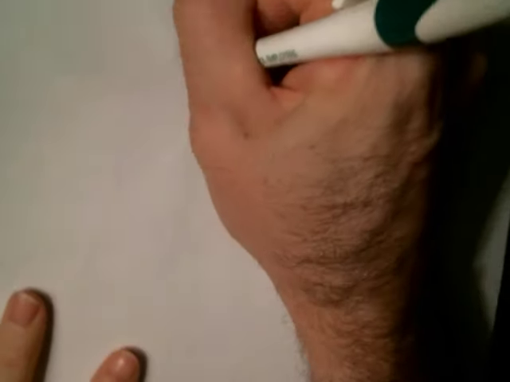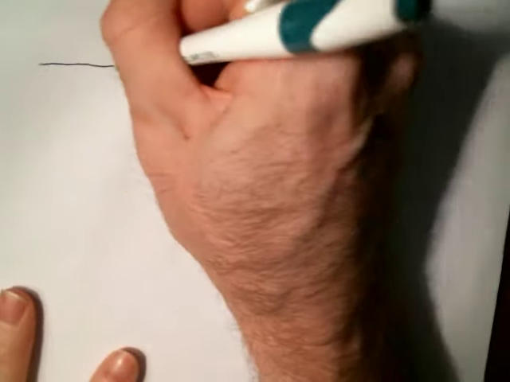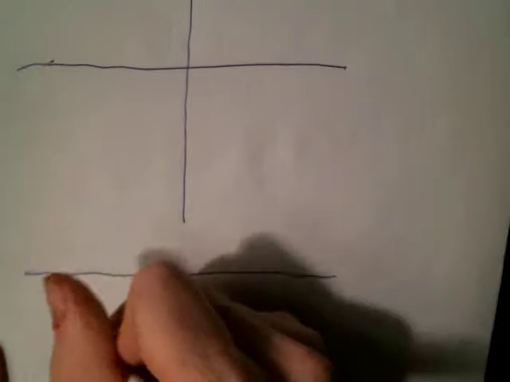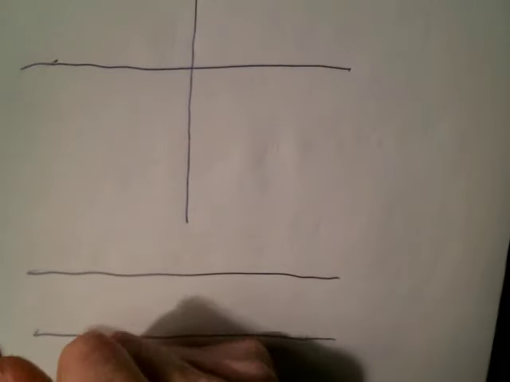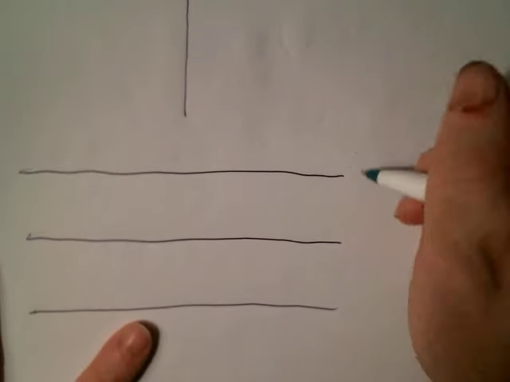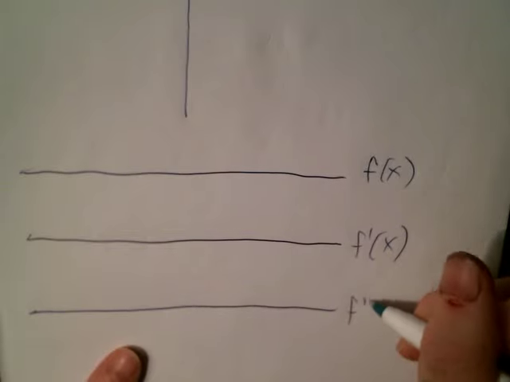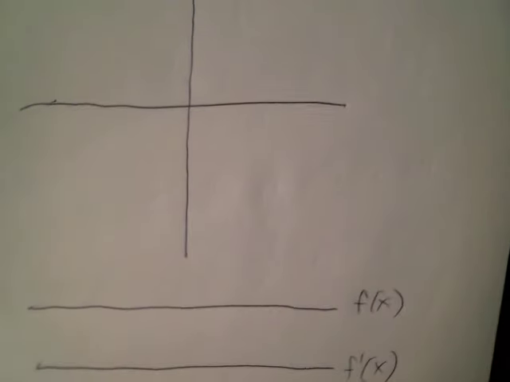So let's take all this information and go at it. All right. Okay, so this time I'm going to use the whole page. And here's my number lines below it. So I'm going to label my number lines f of x, f prime of x, f double prime of x.